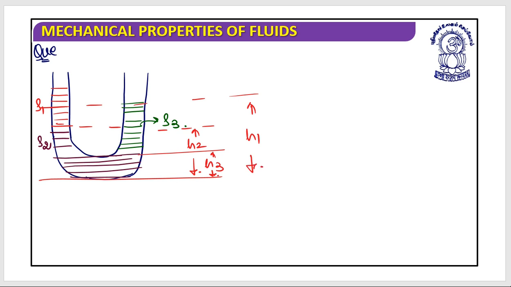So how shall I write the relation? As I understand, fluid at the same horizontal level will be at the same pressure. But how to write this?